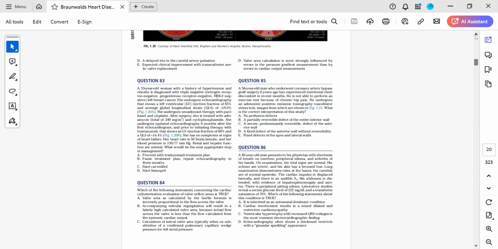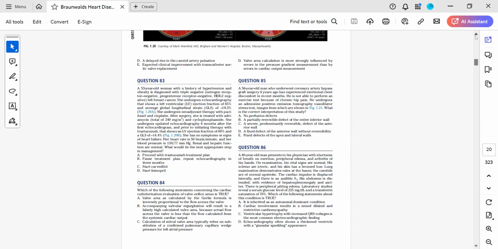So if there are errors in the measurement of the mean pressure gradient, the effect is very reduced because we're actually just taking the square root of this mean pressure gradient in the calculation of this valve area.